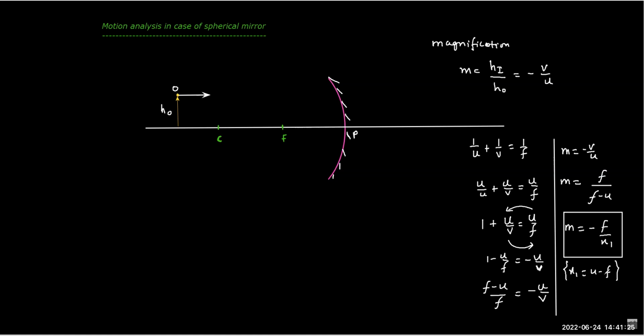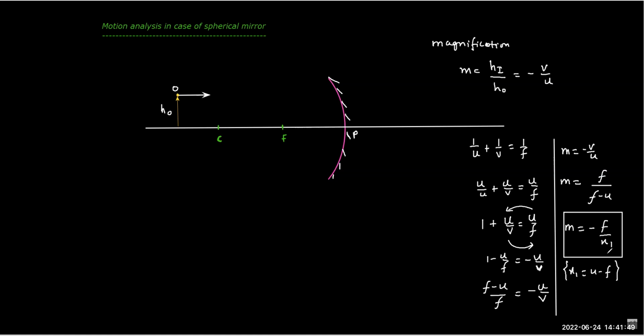So once you know that magnification depends on the object position, or f minus u, this will also give you the idea. x1 is the distance from the focus. So x1 will be 0 when u and f coincide, right? So when the object is at focus, m becomes how much? Infinity. Can you see that? The formula directly gives you the claim.